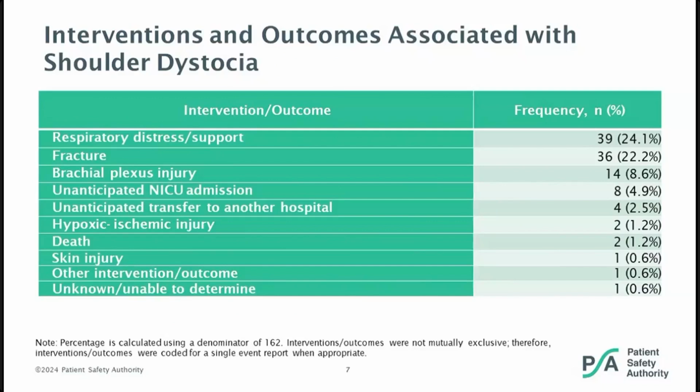And you can see that we identified outcomes and interventions such as respiratory distress in the neonate, or that the neonate required respiratory support, a fracture, brachial plexus injury, unanticipated NICU admission or transfer to another hospital, a hypoxic ischemic injury, death, skin injury, and then we had some that were an other intervention or outcome, and one that we were not able to determine.